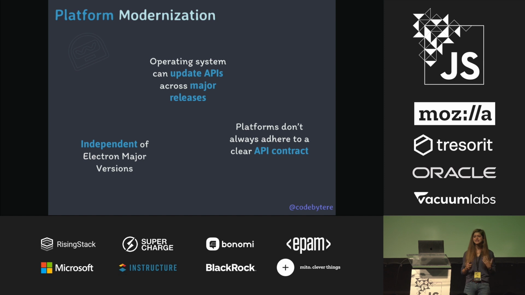Operating systems maintain their own unique API surfaces, which don't always adhere to the kind of API contract you might be accustomed to. Platforms can't really adhere to something like SemVer when they're versioning, so instead, they often choose to make updates to their API surface area based on updates with their operating system versions. As you might imagine, this can create some mismatches with libraries, which often need to work across multiple versions of a single operating system.